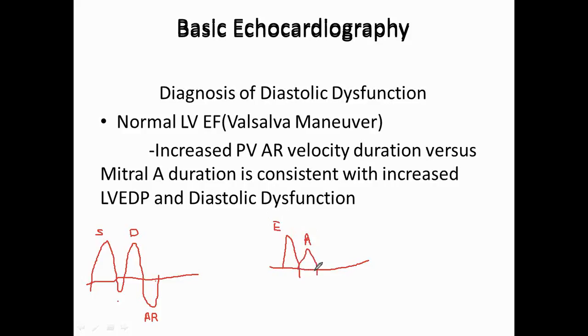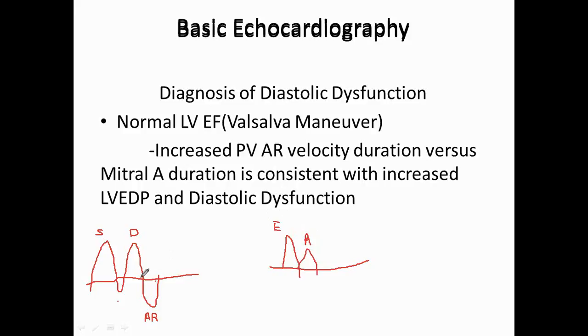So what we're saying here is that an increase in the pulmonary vein atrial reversal velocity duration versus the mitral A duration is consistent with increased left ventricular end diastolic pressure and diastolic dysfunction.